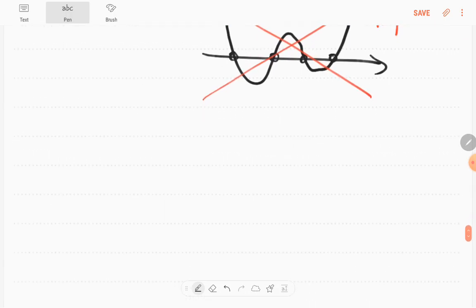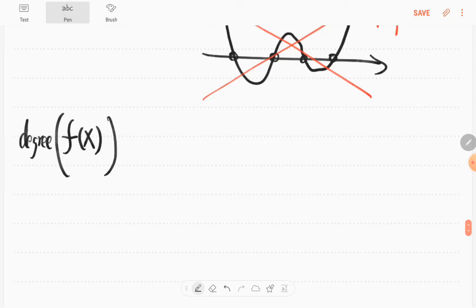And we also know that, for example, if you have the degree of this f of x is odd, and an is odd, okay?